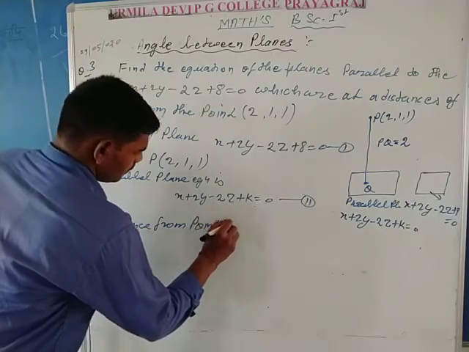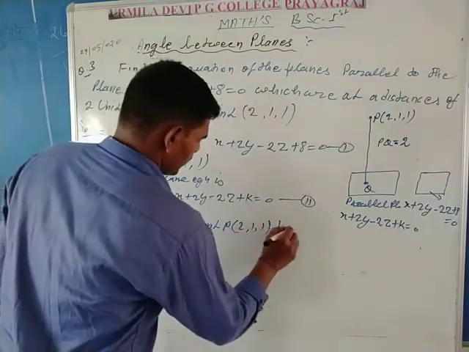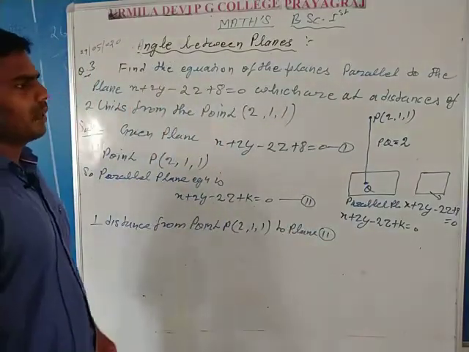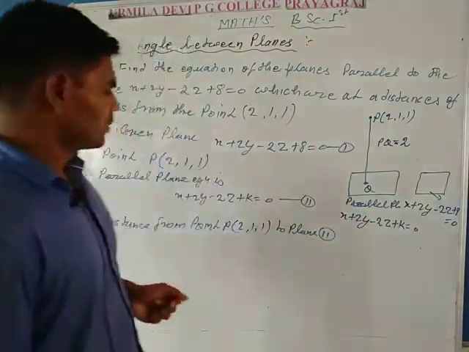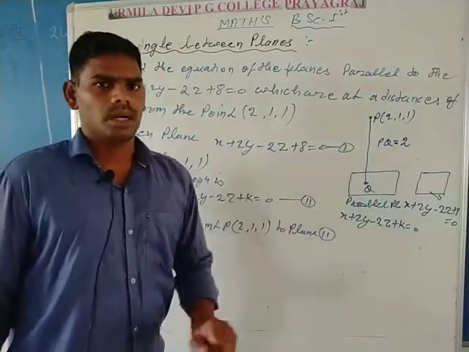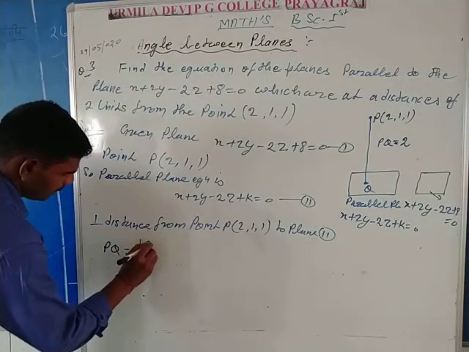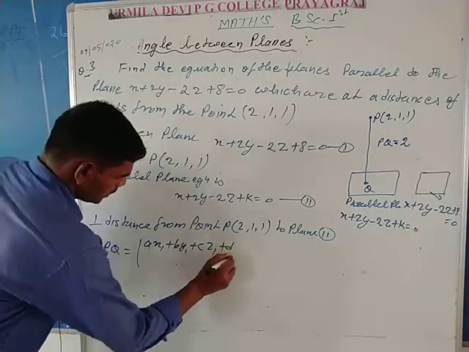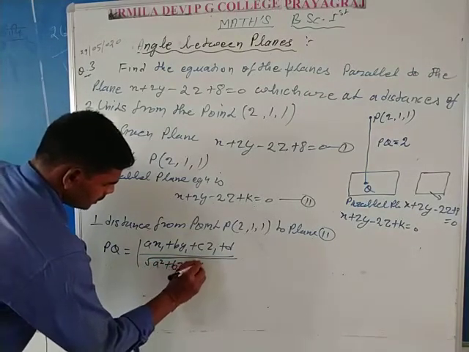The perpendicular distance from point P, whose coordinates are (2, 1, 1), to the second plane, the parallel plane, is 2. We use the direct formula: perpendicular distance is equal to the modulus of A x1 plus B y1 plus C z1 plus D, divided by the square root of A square plus B square plus C square.